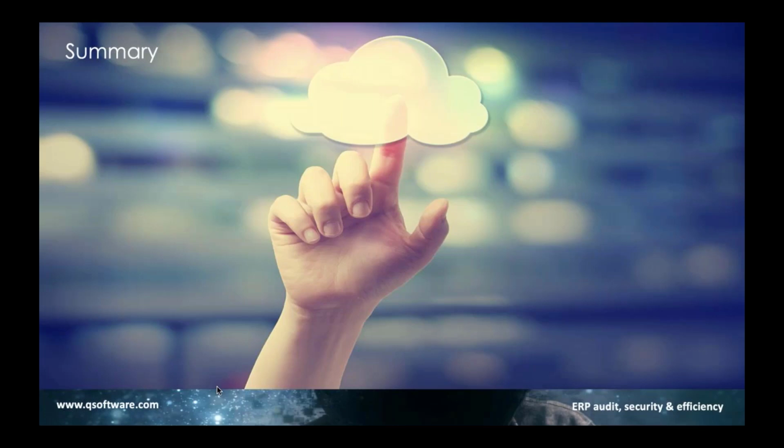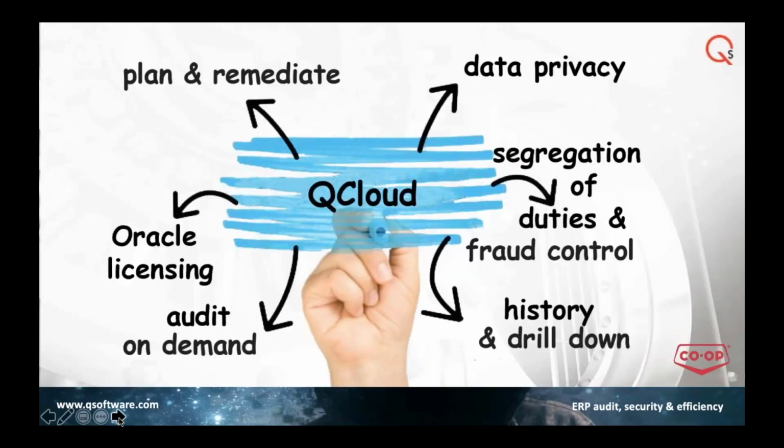Yep. Let me just finish off a few points here. All right. Let me just give you a summary. A couple of things I wanted to say, and I'll then get Mark to summarize his viewpoint, his feelings. We do have a product to enable our customers to review their security, which we call the Q Cloud.